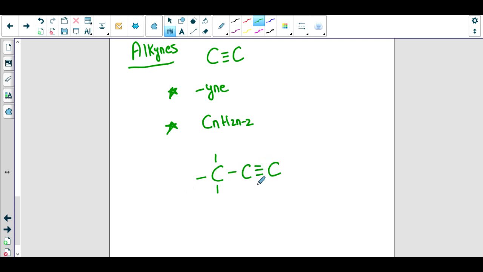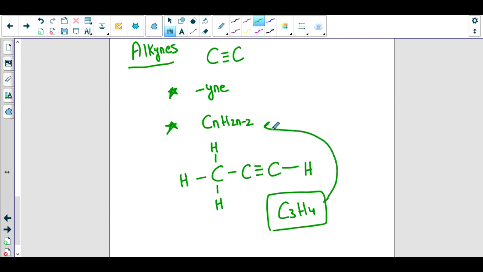It's already stable. So 4, 5, 6, 7, and this one is 8. If you count here, you have hydrogen, hydrogen, hydrogen, and hydrogen here. So if you count, how many? C3H4. You can count it: it's C3, if you double it, 6 minus 2 is 4. It follows the general formula.